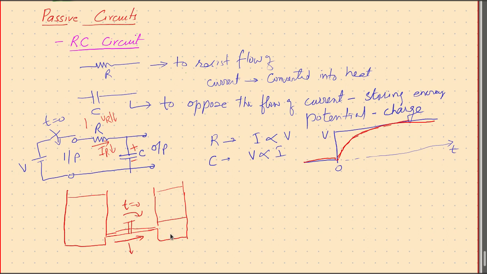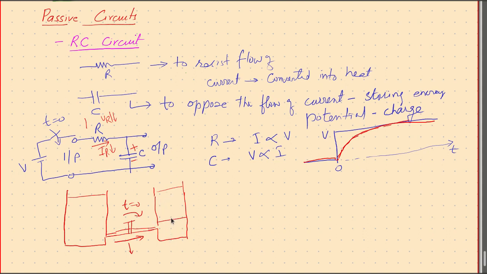At the beginning, it will be very fast because the difference is large. As time passes, this level increases, therefore the difference reduces, therefore the flow slows down, and hence the speed with which this level rises keeps on slowing down and slowing down. Finally, when it reaches this, it becomes zero rate of change.